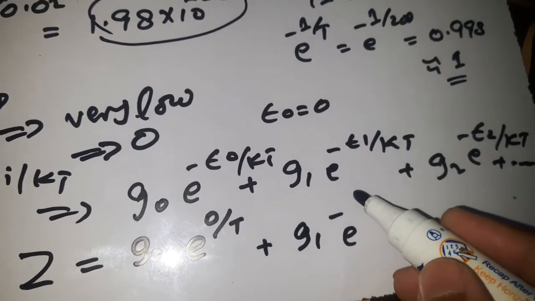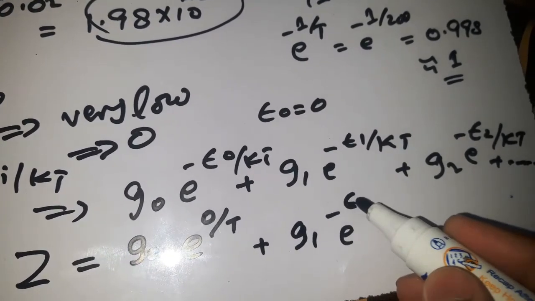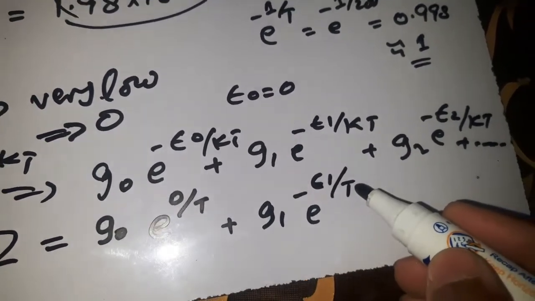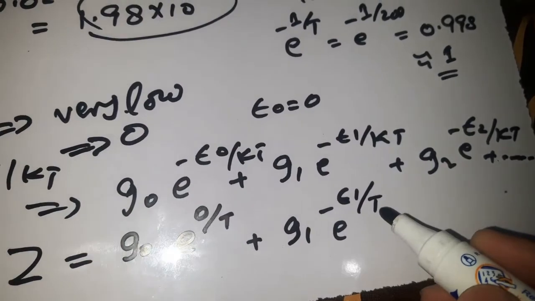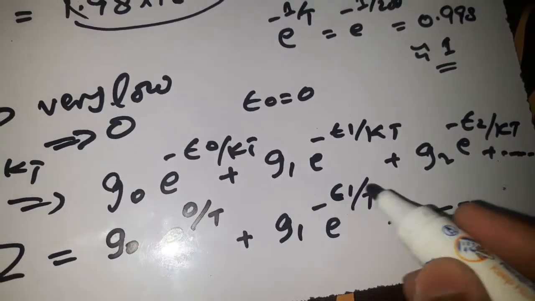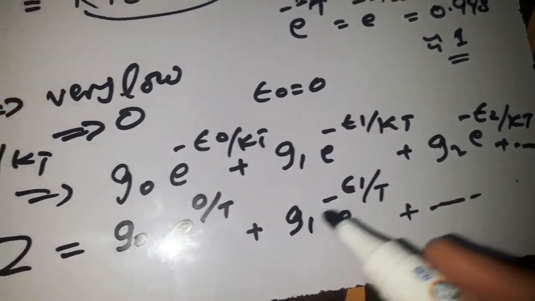This is some energy value, not 0, and down is the temperature. So if we have a very, very low temperature, this is a representative term, and this is here just 0, just keep an eye over here.